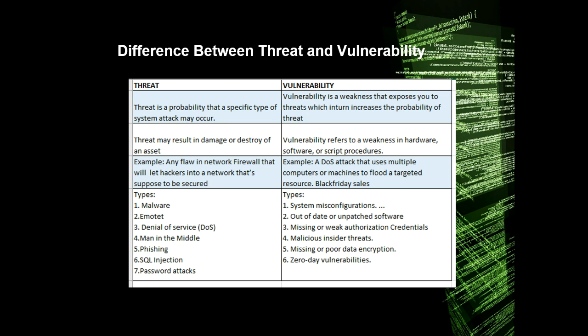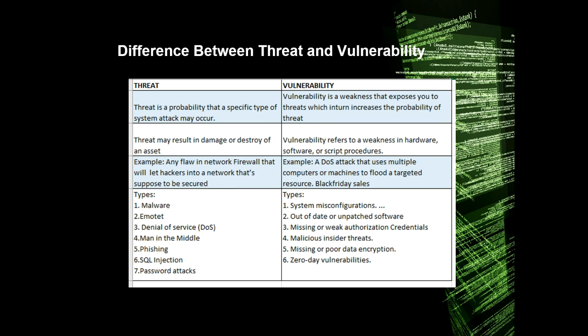Now, moving on to the types of threats. Malware. Malware is harmful software or a virus. We all might have heard about Trojan. That's an example of malware. Emotet is one of the most expensive and destructive malware. We looked at DOS in the above example.